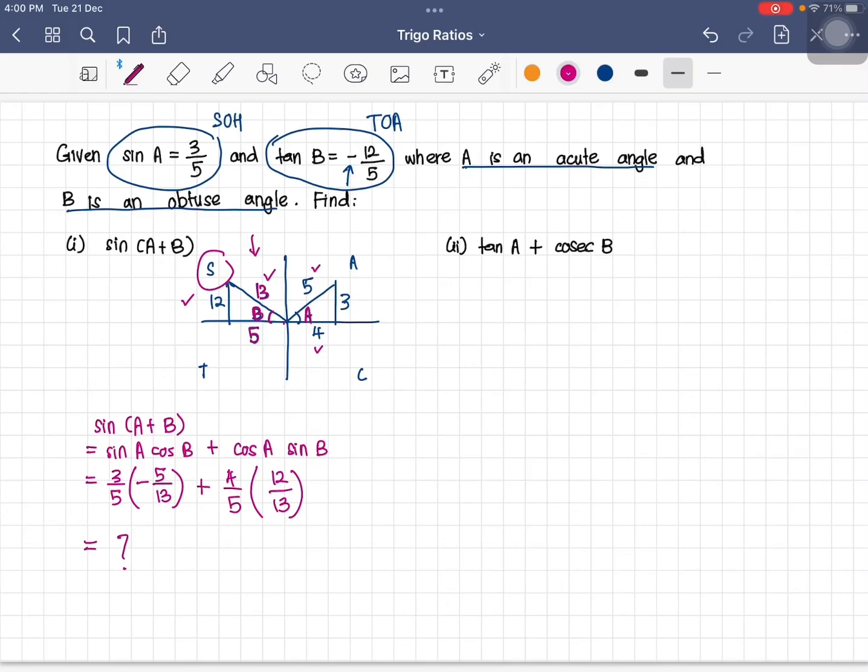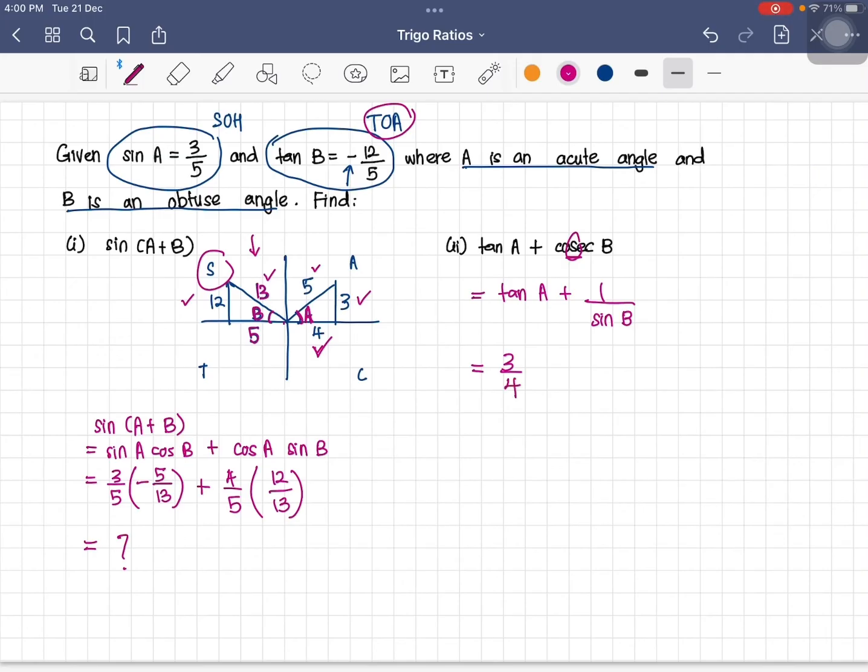For the second one, you have tangent of A plus cosec of B. I need to use a trigonometric identity to simplify this one. You know that cosec of B is 1 over sine of B. Tangent of A, in this case A is always positive, so tangent is positive. Tangent is TOA, opposite over adjacent, so 3 over 4.